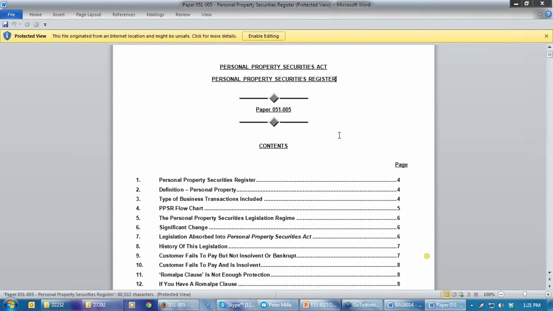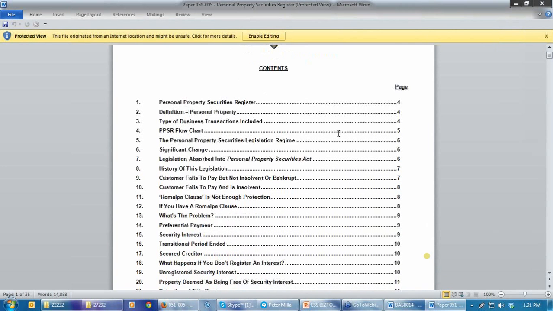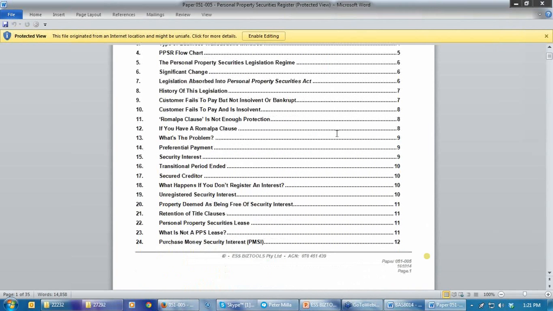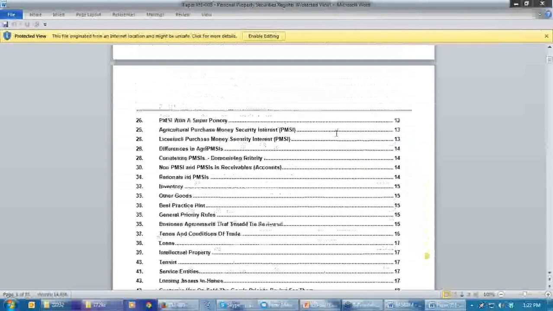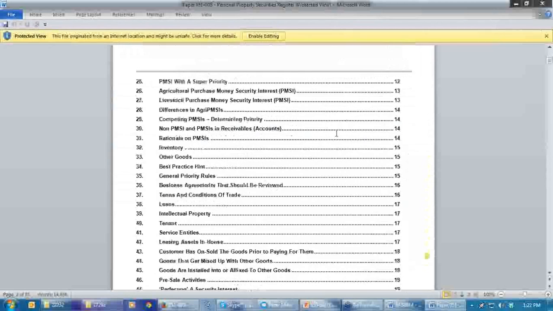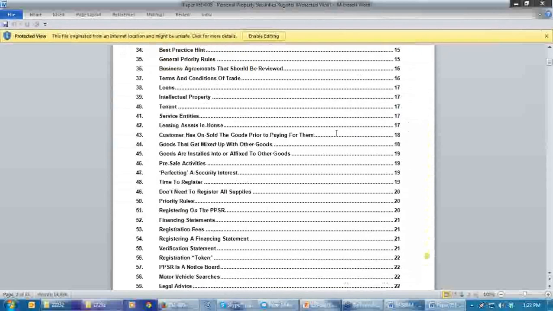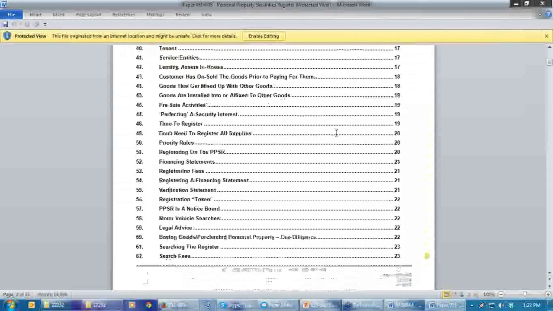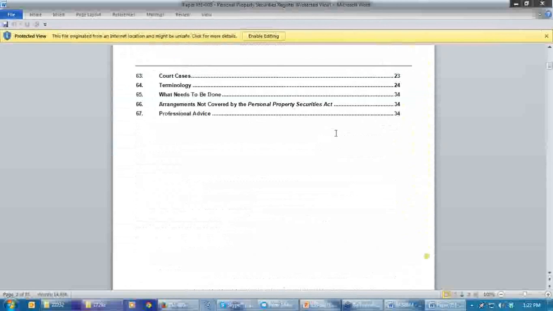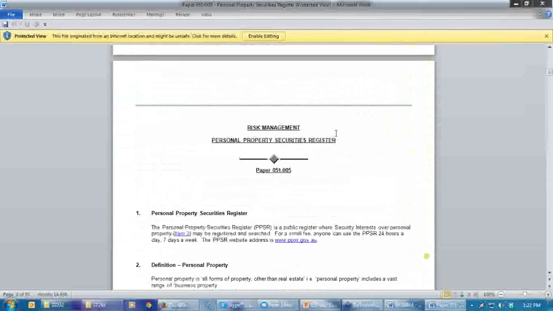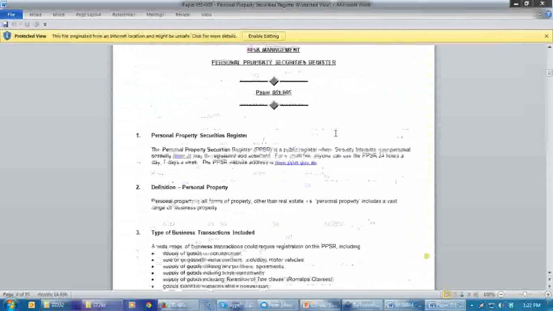So this is the paper we've produced on the Personal Property Securities Register. So it has a list of contents. And then you get into the paper itself.